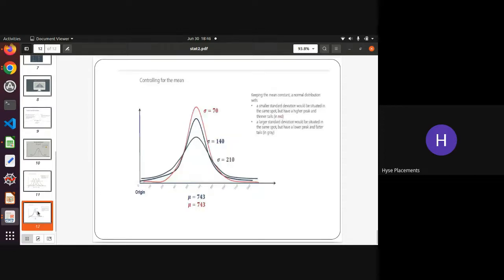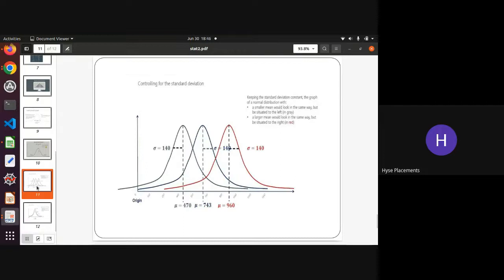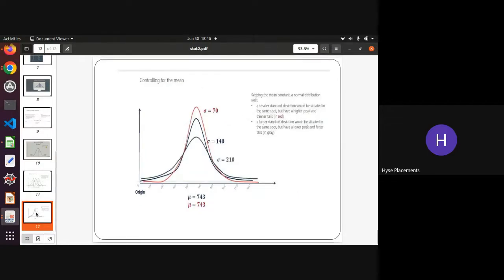Here we have kept the standard deviation constant and varied the mean. Now we'll change the standard deviation and keep the mean constant. If you do that, the height changes. The data points inside the curve get compressed.